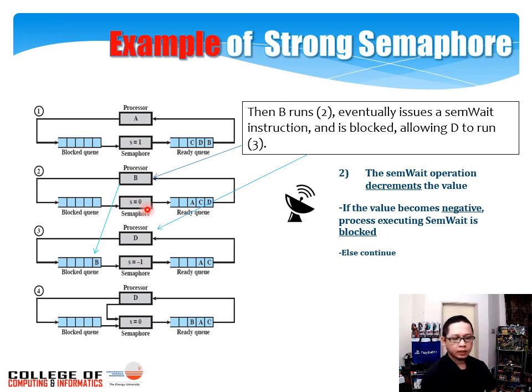Remember the condition: if the value becomes negative, the process that causes the value to become negative will be blocked. So here, after B issues the SEM wait, the 0 becomes -1. So B will be going into the block queue.